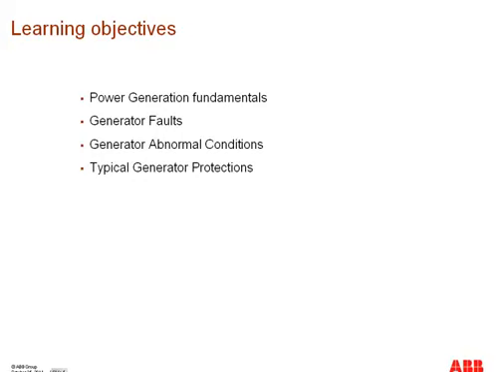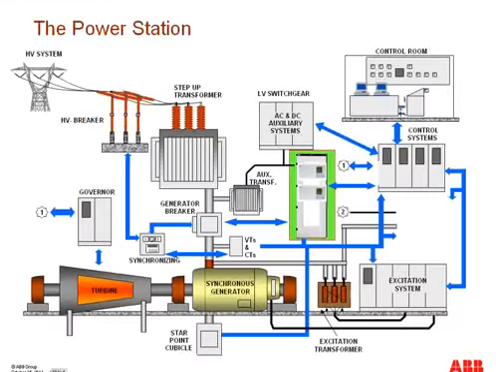The power station, here in this slide, you can see the diagram of different equipment installed in the power station or a generating station, and as you know, that's the most complex and most expensive part of the power system. It consists of both electrical as well as mechanical equipment.